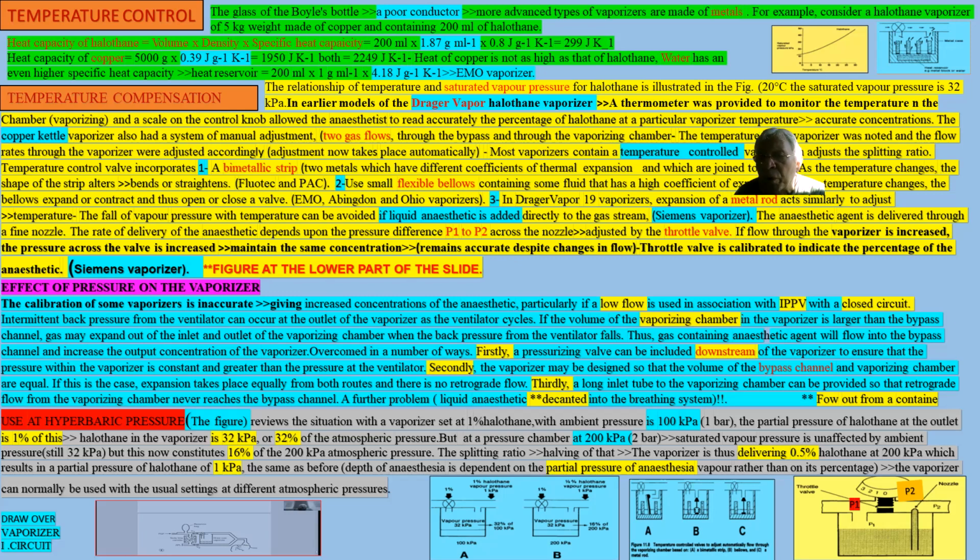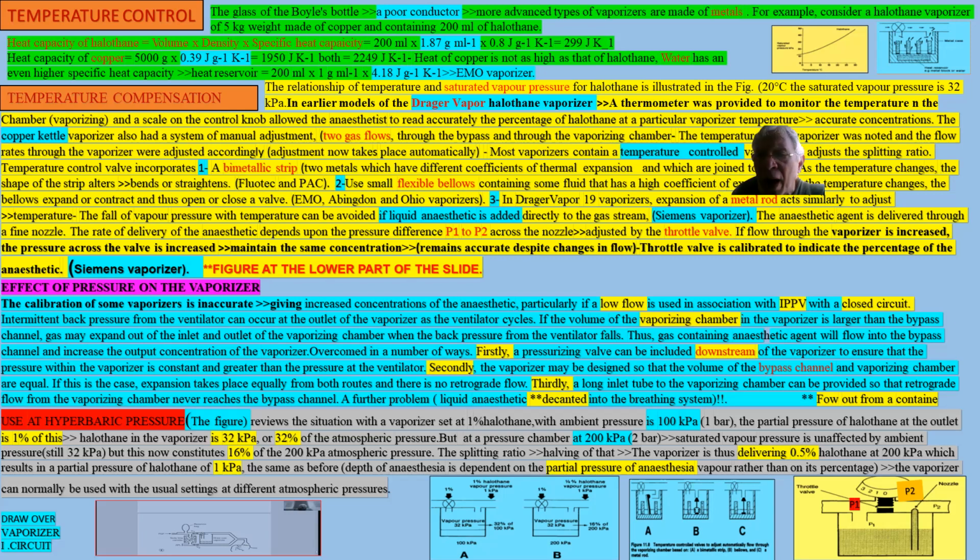And whenever the process shifts to expiration, this pressure release will make the vapor come out from both sides, downstream and upstream, so it will increase the concentration.